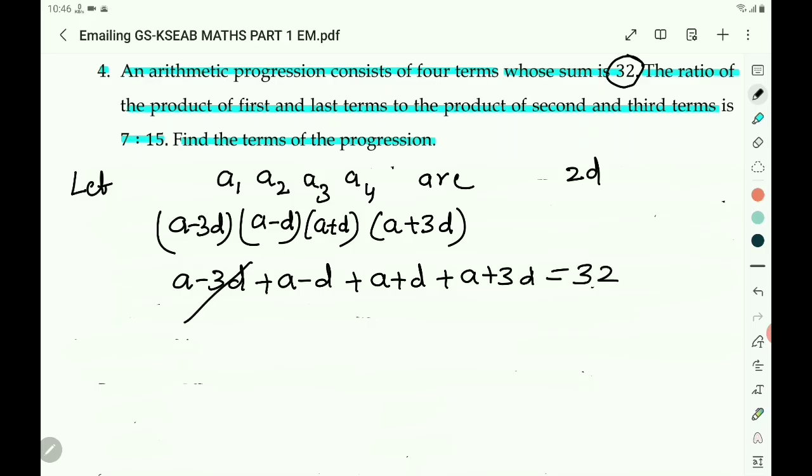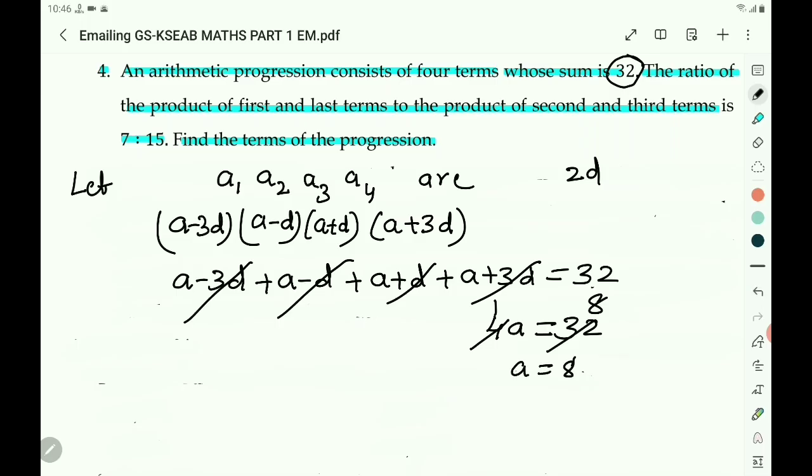Then you cancel minus 3d plus 3d, minus d plus d, a plus a plus a plus a is 4a equals 32. a equals 32 by 4, or here only you can cancel, 4 ones are 4, 4 eights are 32, you got a equals 8.